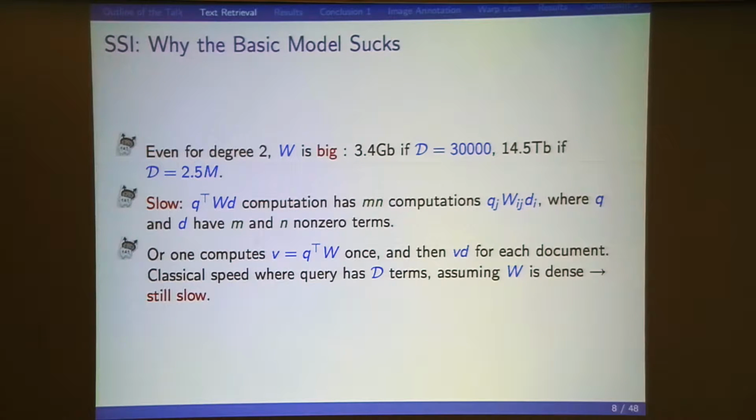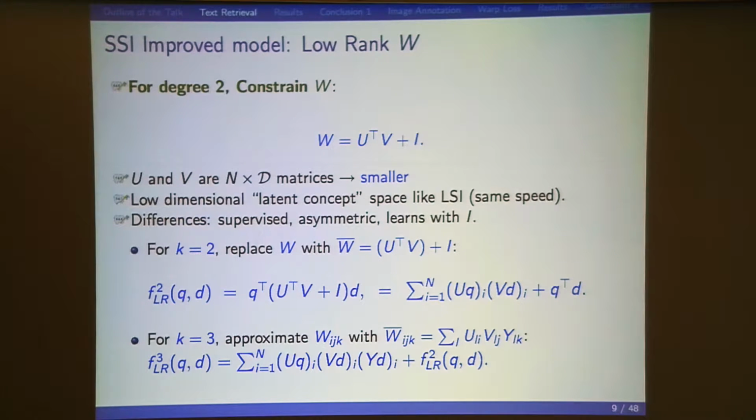So that's the biggest problem, and the obvious way to fix it is the same way that LSI fixes it, which is just to make W low rank instead of full rank. So just directly constrain it. So I'm only going to learn these matrices U and V.